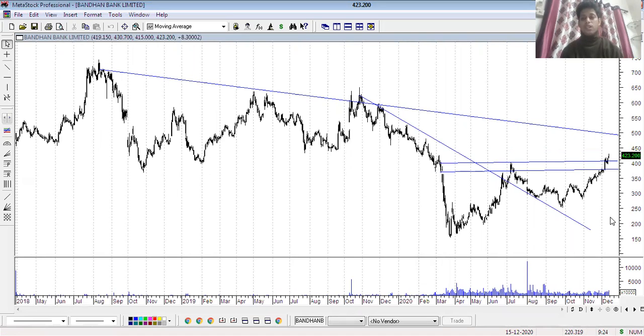Hope you have all benefited from my analysis and learned from it. These two stocks are for short term and long term, maybe it will be a long-term chart. In the near term, you can see this ITC and Bandhan Bank stocks looking very good in my eyes.